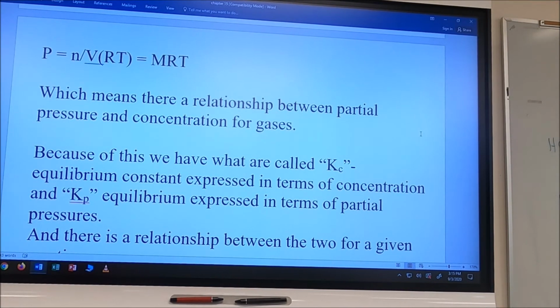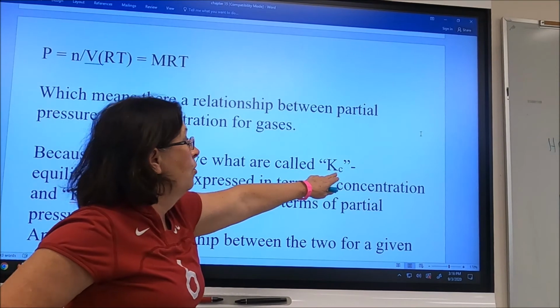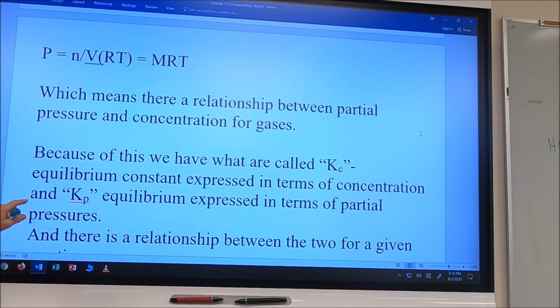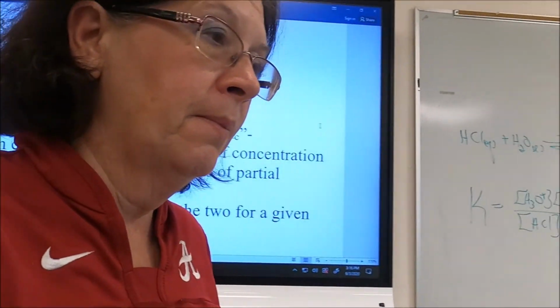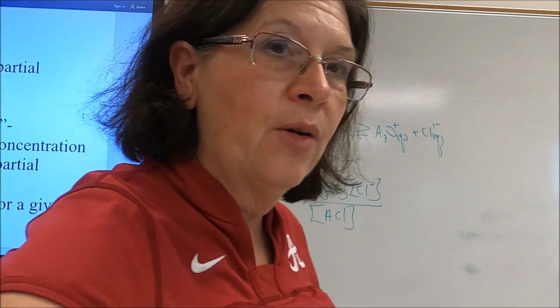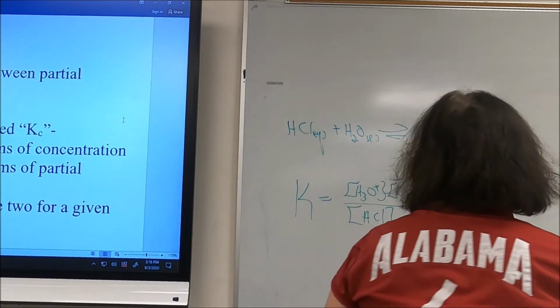So this gives us a second way to express equilibrium constants. We can talk about equilibrium constants in terms of concentration, or if we have gaseous reactions, we can express it in terms of partial pressures, Kp. And there's a relationship between the two. Now let me come over here and write some stuff for you.